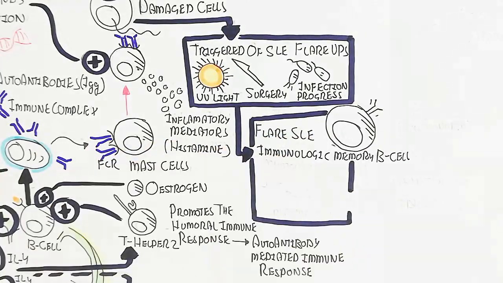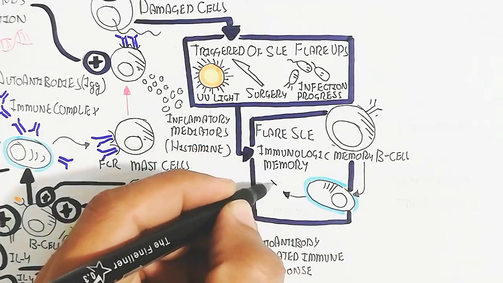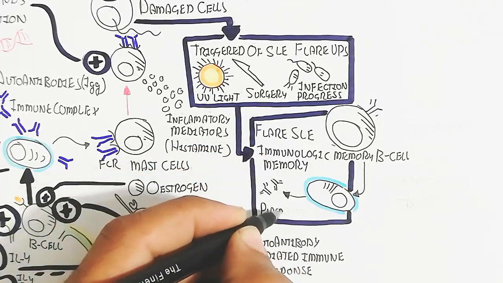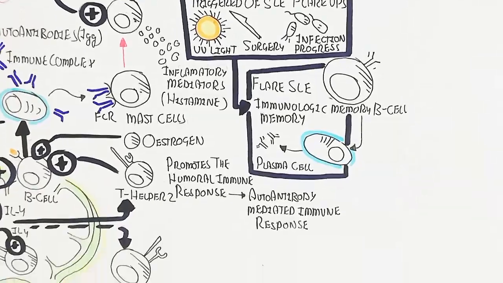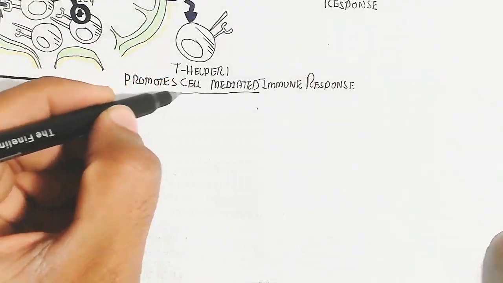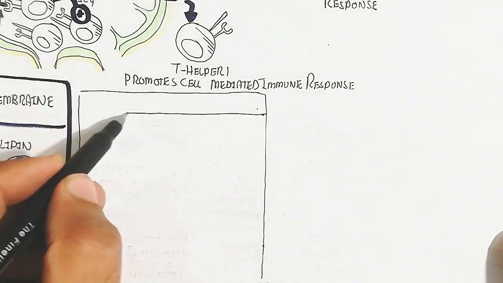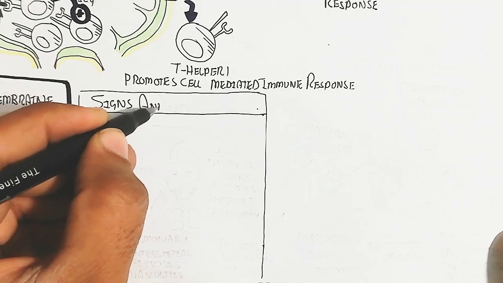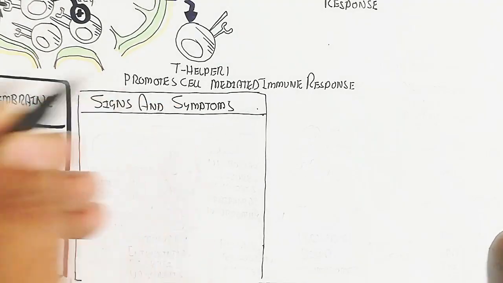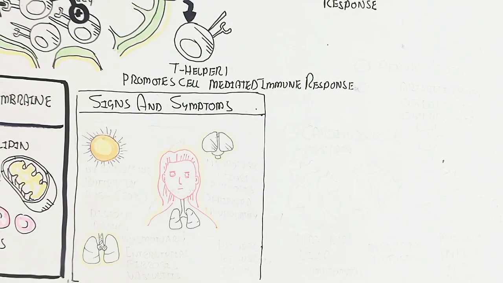In the SLE flare, the immunologic memory of B cells will lead to more plasma cells, and in this way the plasma cells produce more antibodies, which will collapse other cells due to the flare-up memorization. And in this way, the signs and symptoms we will discuss now.